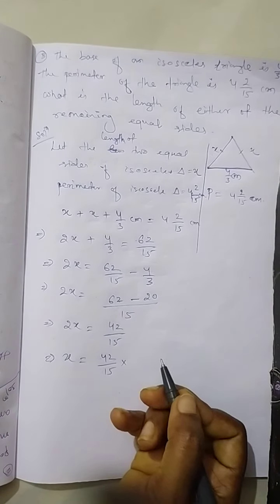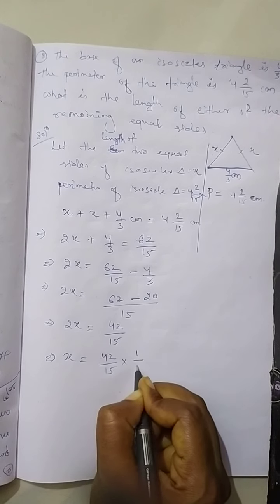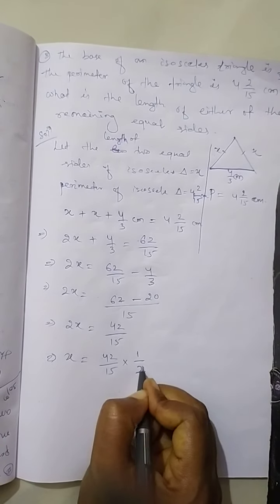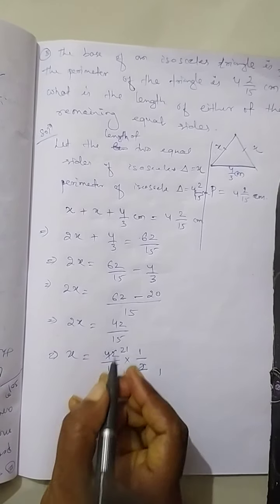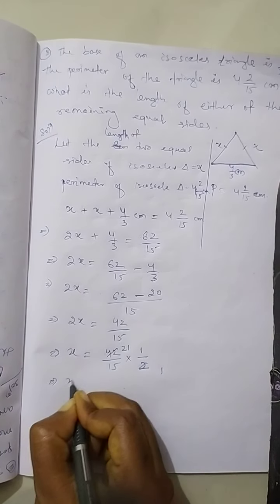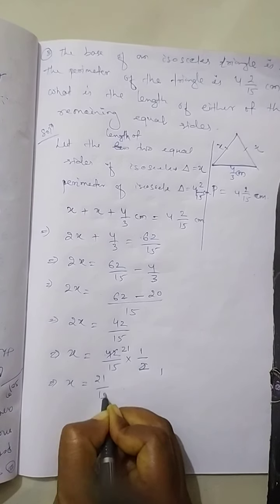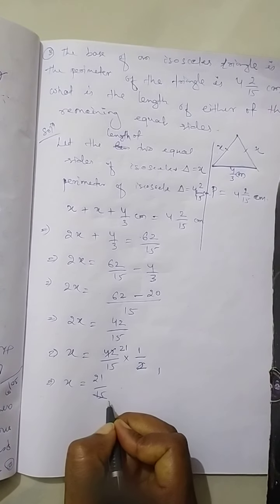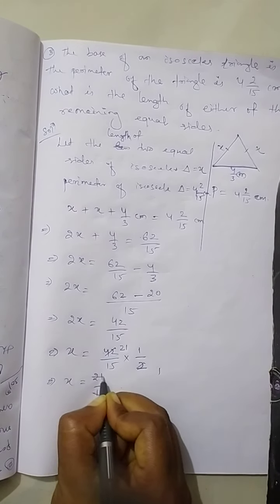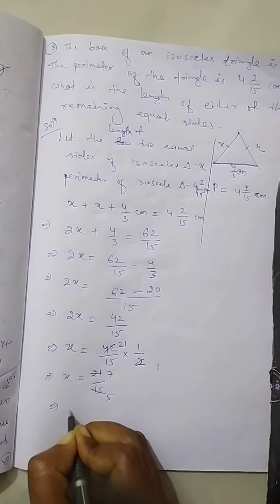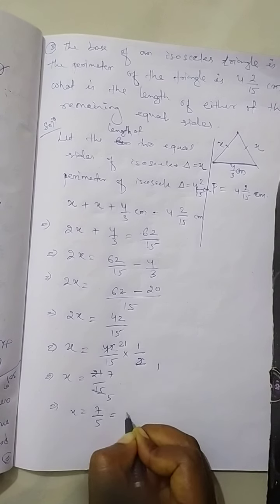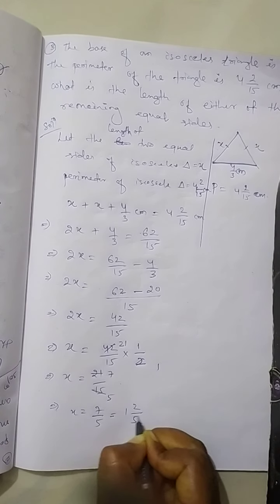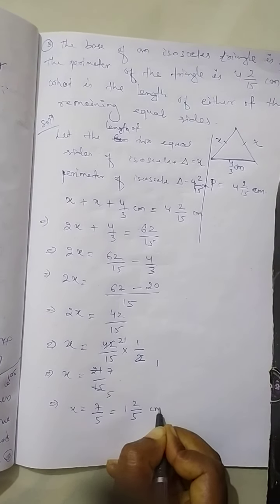Here 2 is multiplying with x. When you transpose it to the other side, it becomes the reciprocal, 1 by 2. So x equal to 21 by 15. Write it in its simplest form: 3 5s are 15, 3 7s are 21. So x equal to 7 by 5, that is 1 whole 2 by 5 centimeter.